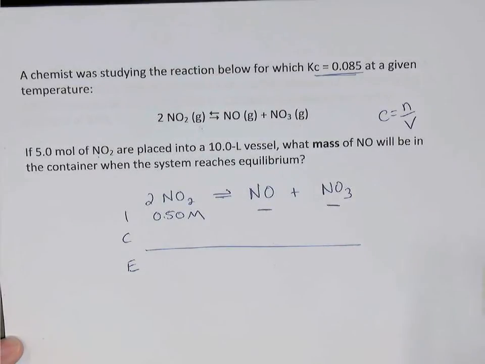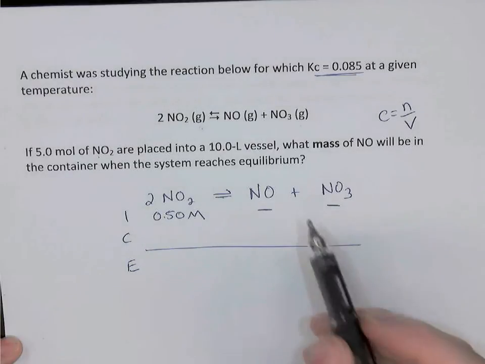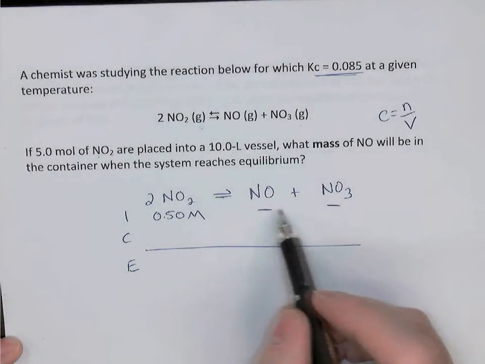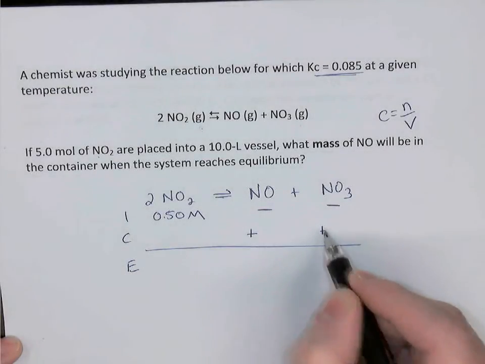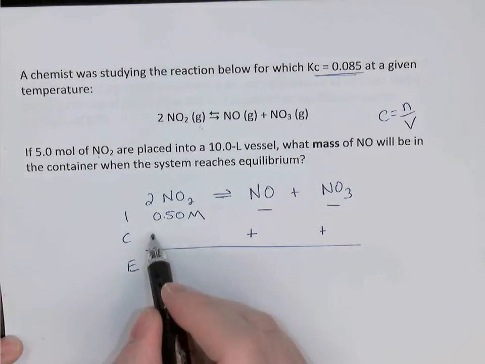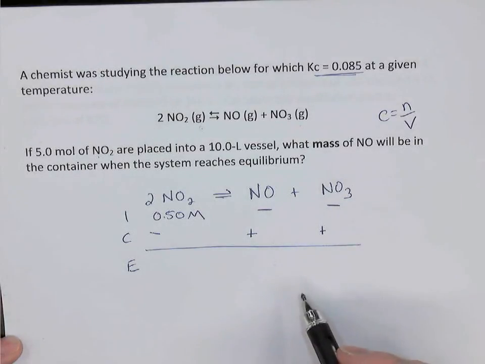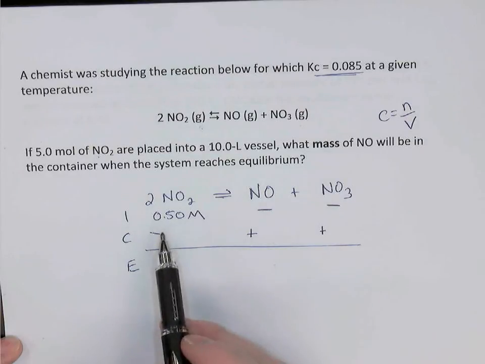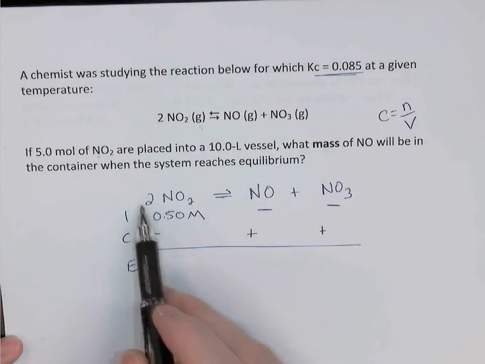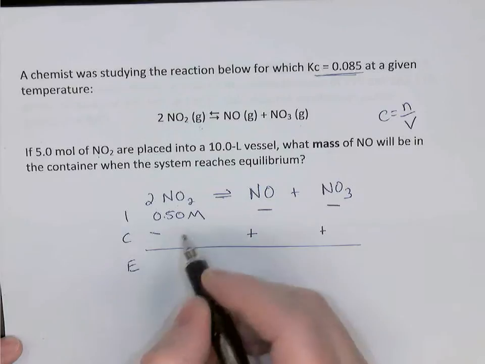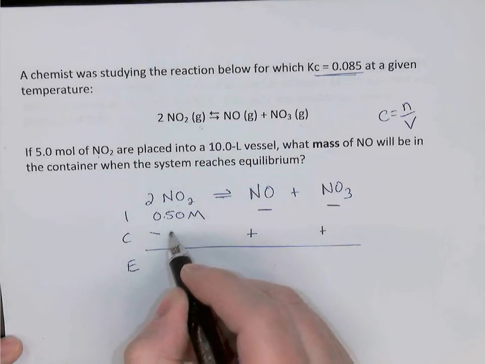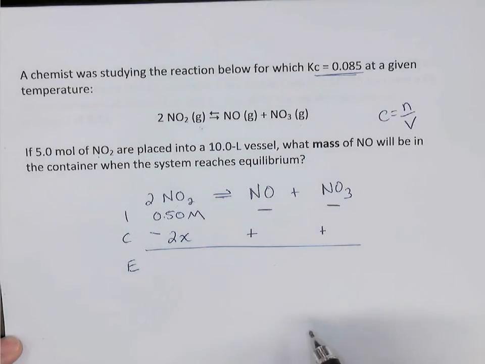So what I'm going to do now is use algebra. I'm going to use x's in this table. I notice that the two products started with nothing, so right away I can tell that they have to increase in concentration, and that would mean the NO2 has to decrease. Looking at the coefficient for NO2, its coefficient is a 2. So if I think about the ratio, what I'm going to do is let it lose 2x.